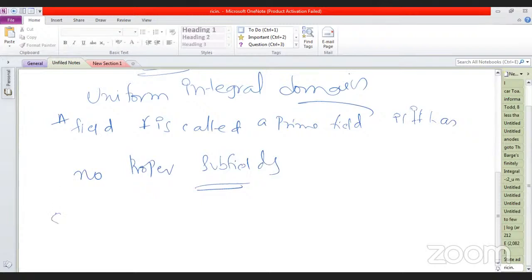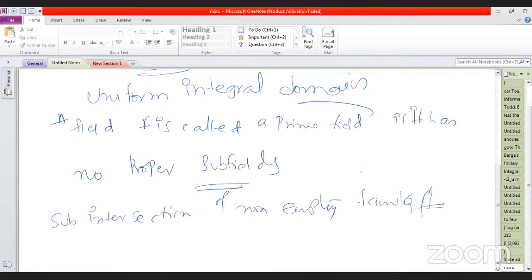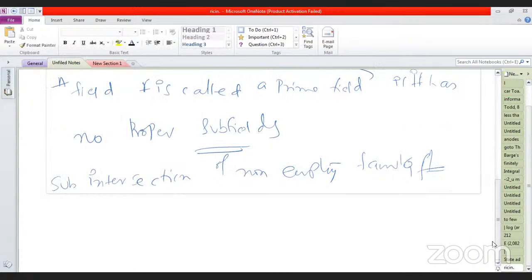So therefore, the intersection of a non-empty family of subfields.